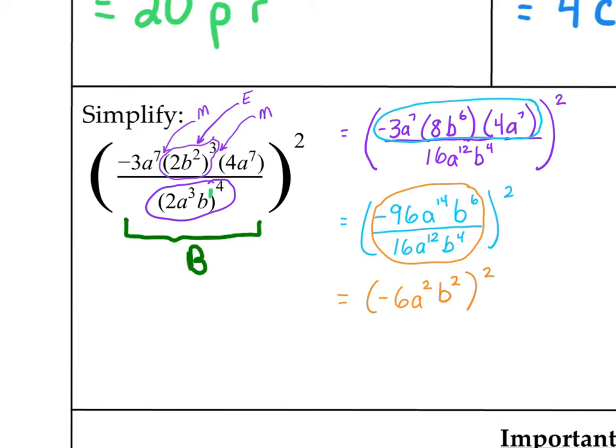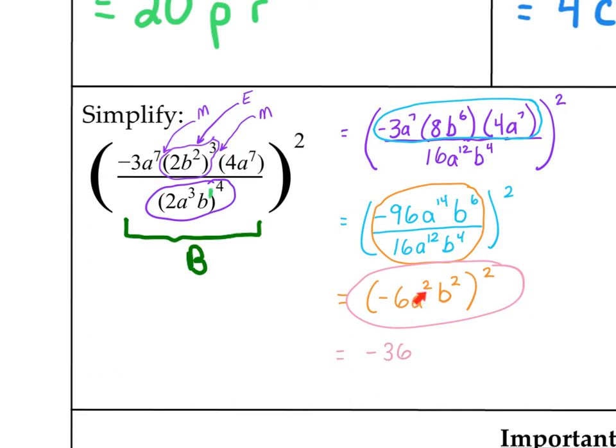And the very last thing you're going to do is that exponent on the outside. So here again, you want to remember this coefficient of -6 gets an exponent of 2. So -6 to the exponent 2 means -6 times -6, which is 36.